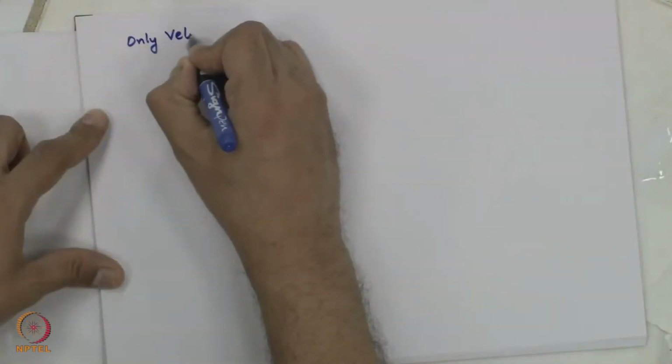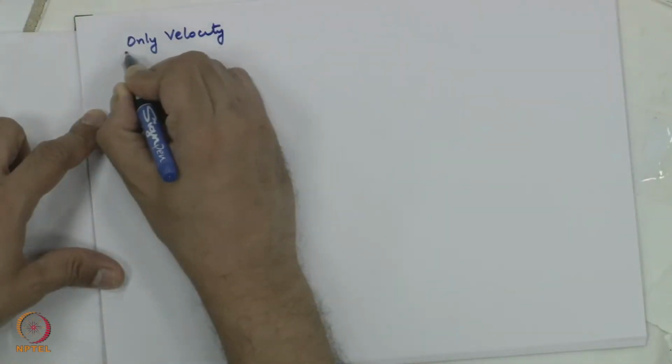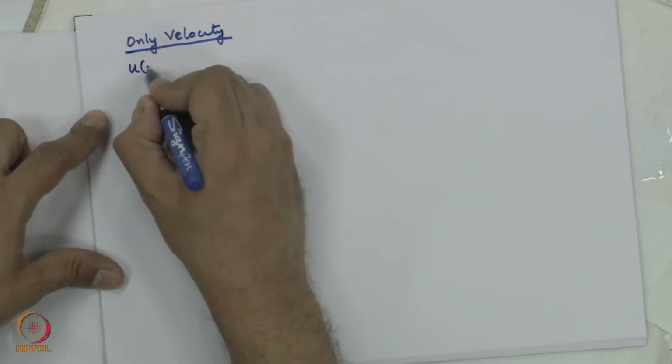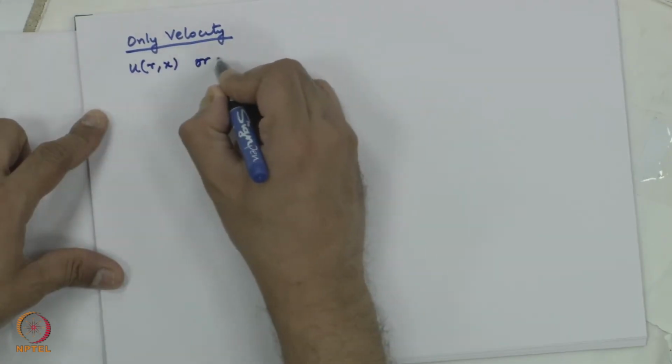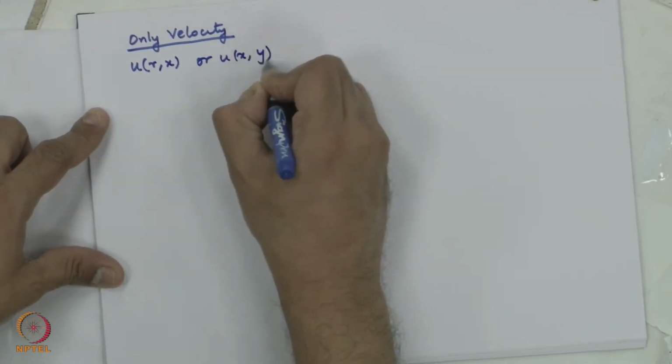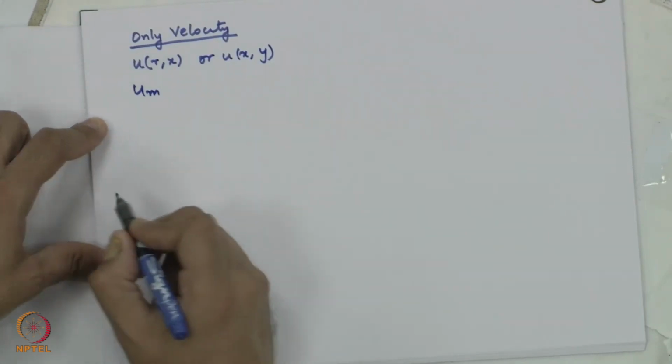Okay. That mixing cup temperature, please remember, unlike fluid mechanics, where you are talking only of the velocity, we had u of r comma x or u of x comma y, whatever you want to call it, and u bulk mean.